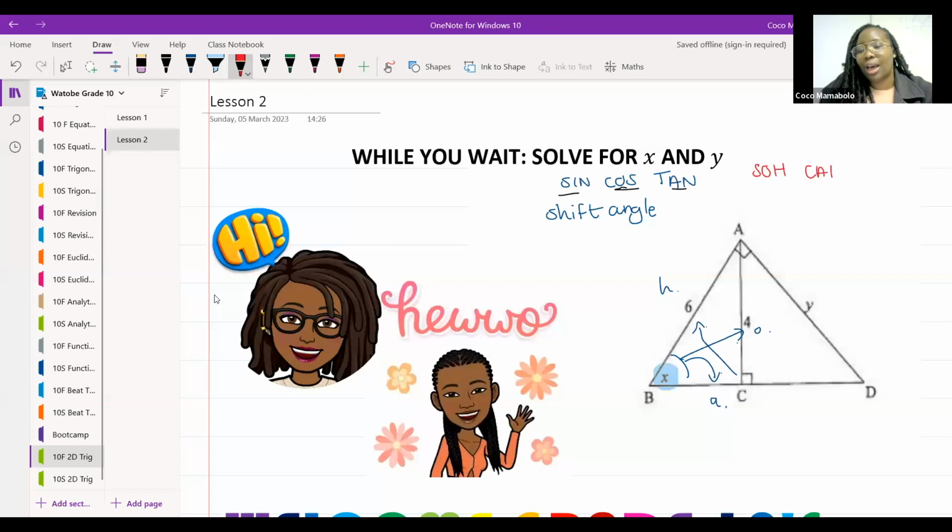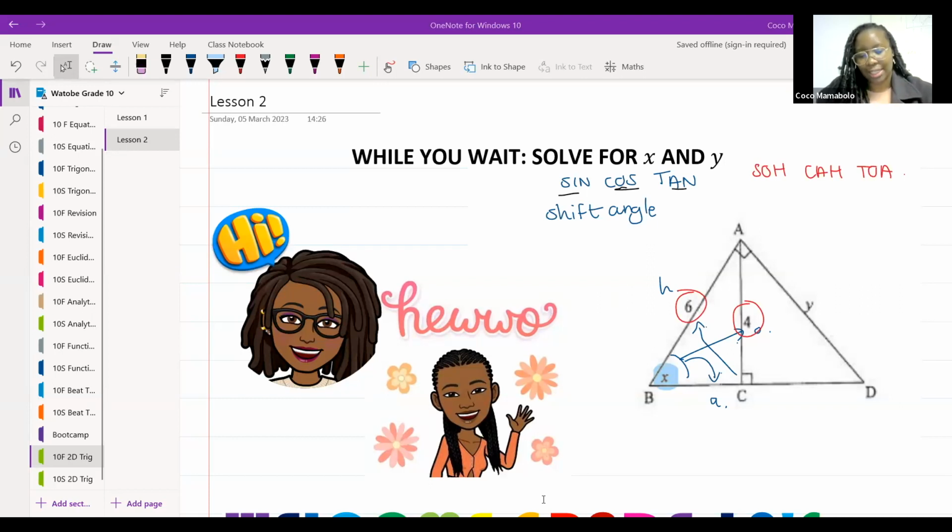I have the opposite side and the hypotenuse. Which one, between sine, cos, and tan, am I going to use? Which one has an O and an H? Is it cos?